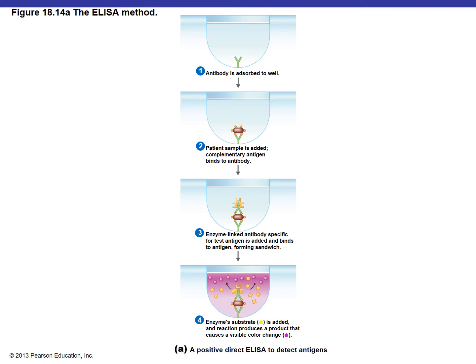You can just look at the well, and if it changes from a clear solution to, usually, a bright blue, then you know that it's positive. Now if it's negative, that second antibody was washed away, so you add the colorless substrate, there's no enzyme to turn the solution a color, and it would just remain colorless.